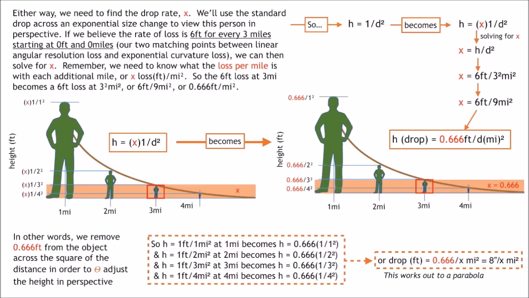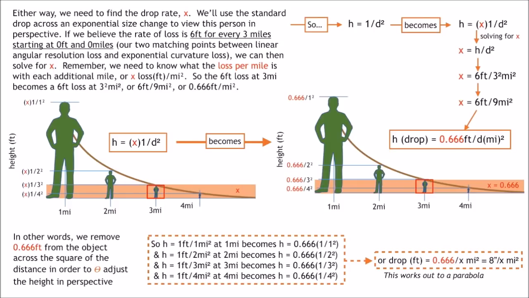So again, you can change our formula essentially, or the way of looking at this diagram, to just substitute x for what we solved for as 0.666 feet per mile squared, and this person has that part of him essentially removed with that particular distance. So you can see at 1 mile he has chopped off about 8 inches of his legs.